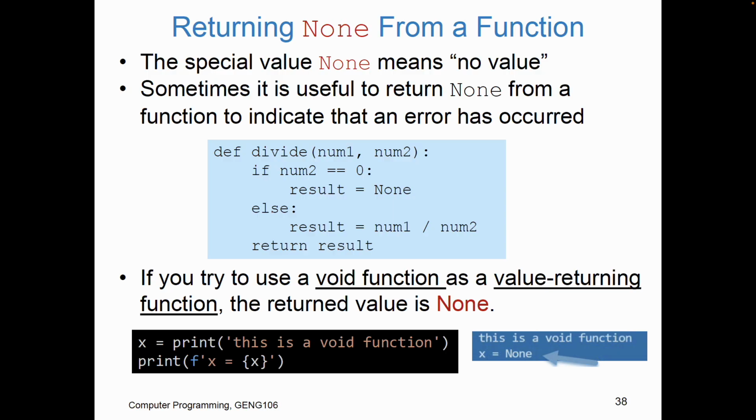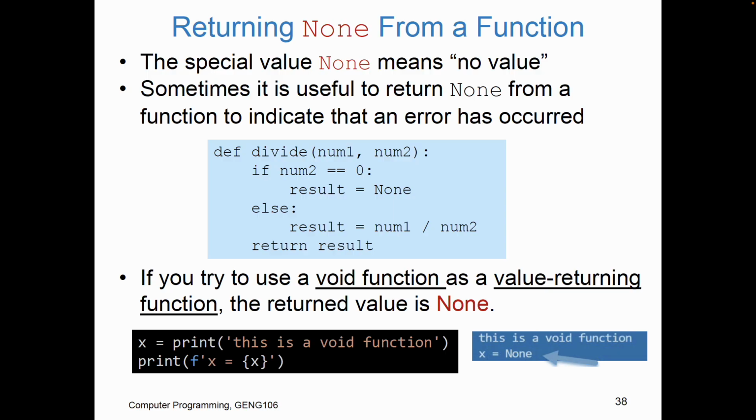It is usually used to show that there is a problem in the program. Let's say that we define this divide function, which takes two numbers, num1 and num2, and we would like to return their division, num1 divided by num2. But what if num2 is 0? Then I would attempt to divide by 0, which is mathematically undefined, so I will not be able to do that. If num2 is given to me as 0, I shouldn't return a number.